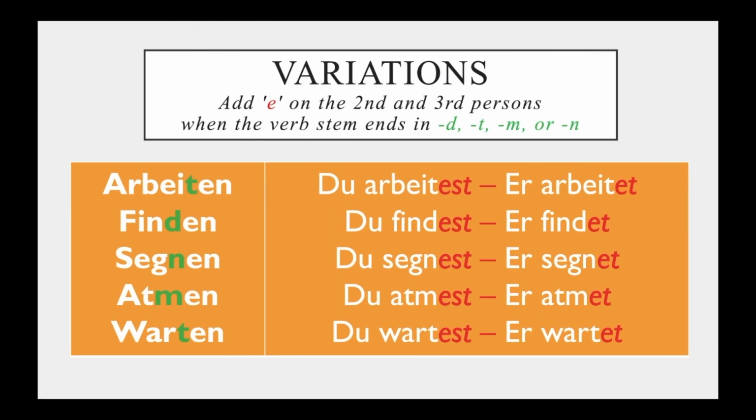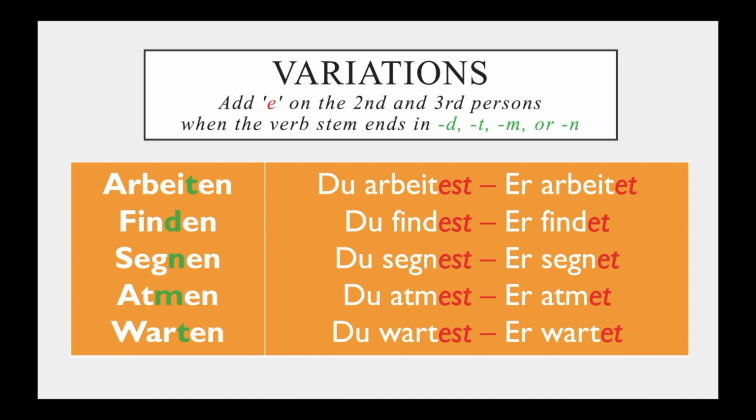Now let's move on with variations. So the present tense is easy to use in German, but there are very small exceptions, and here is one where you add an e when the verb stem ends with d, t, m, or n, as in arbeiten, finden, segnen, atmen, warten.